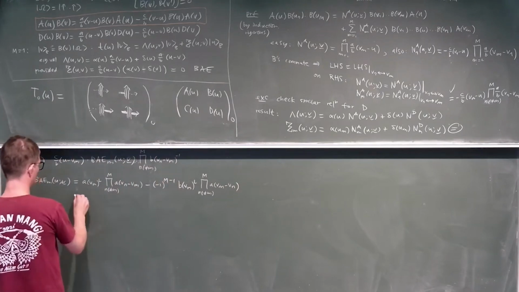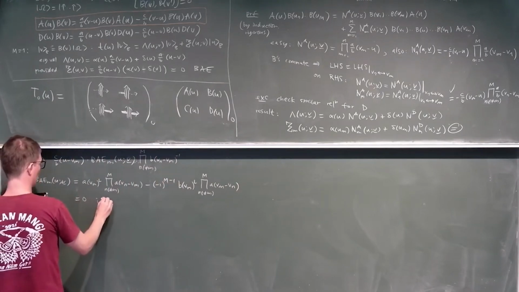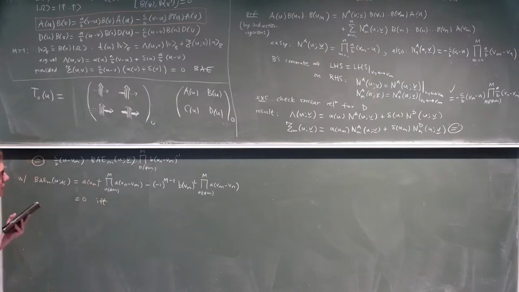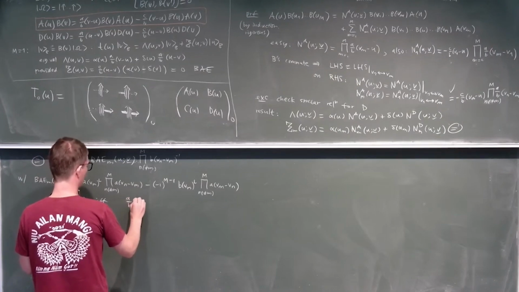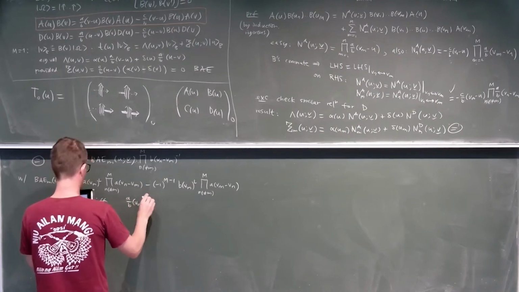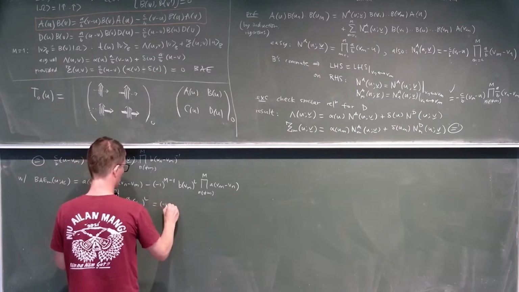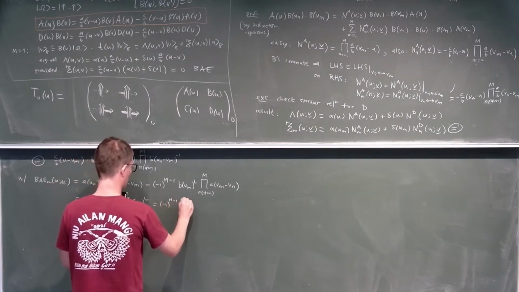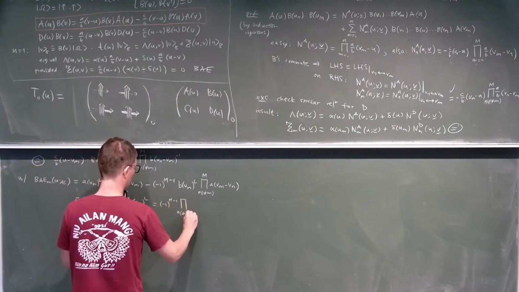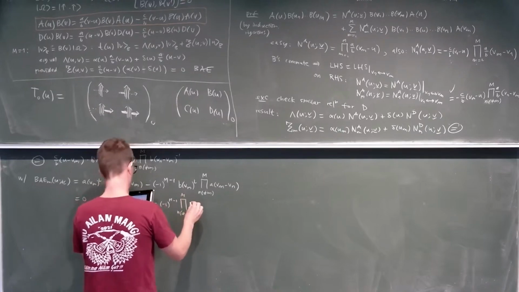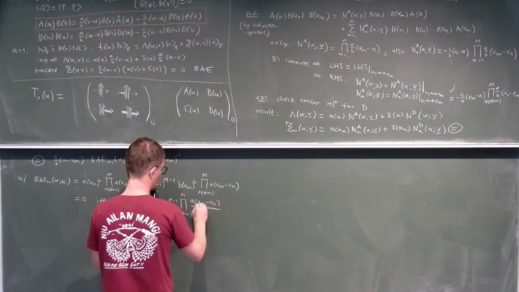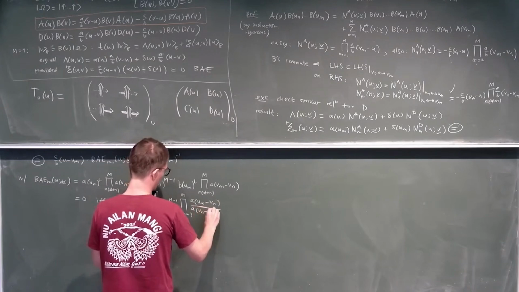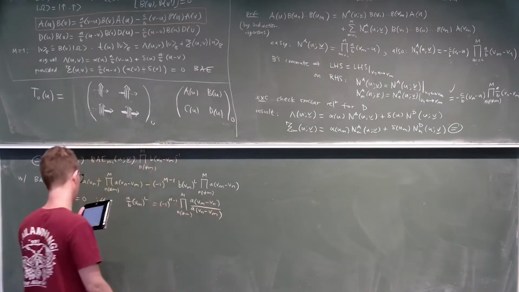So we see that this vanishes if and only if, up to genericity conditions like before, we have a over b of v_m to the power L is equal to minus 1 to the M minus 1, product over n not equal to m, of a of v_m minus v_n divided by a with the reverse order, like that.